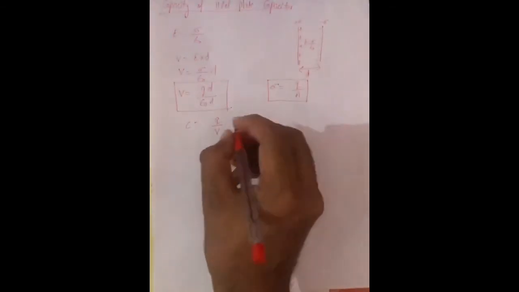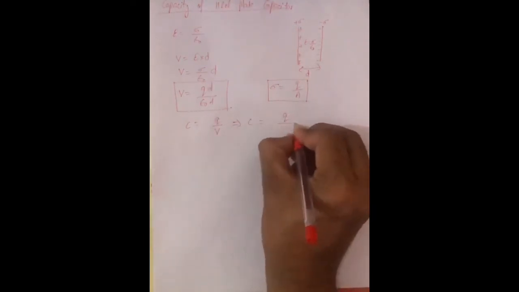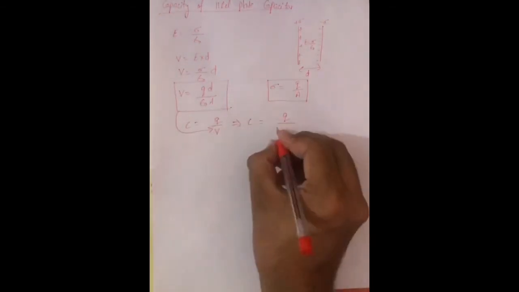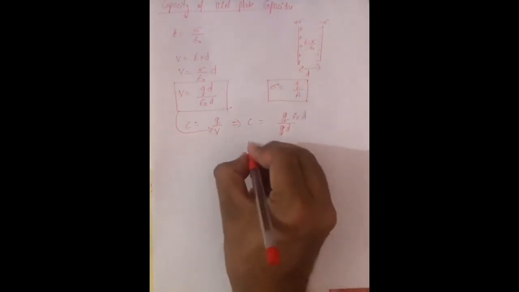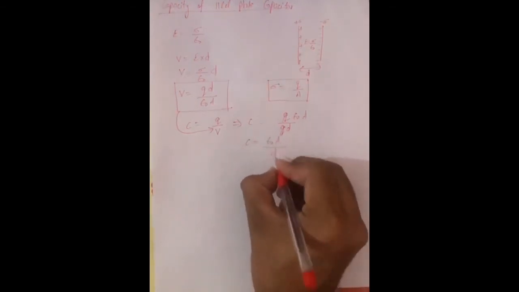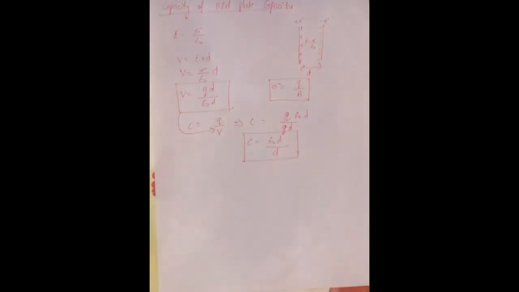Now by using this expression, we can easily write capacitance equals Q over, instead of V, we will be writing the above expression, that is QD over epsilon naught A. So our capacitance will come out to be epsilon naught A by D. So this is the expression for the capacitance of a parallel plate capacitor. Next we will be doing some numericals on this topic.